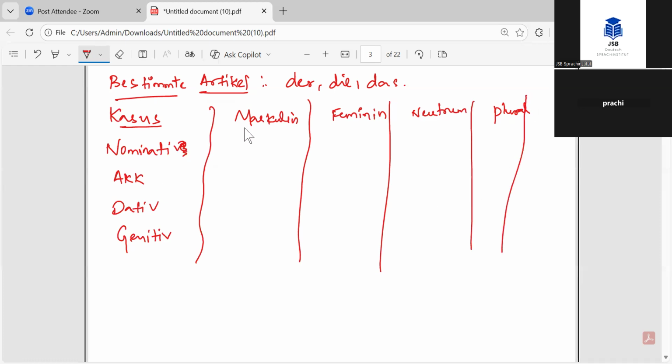For nominative masculine, der will always come, feminine die will come, neutrum das will come, and plural die will come. For nominative, it never changes. Whatever you learn from the article, that one comes directly for nominative. Clear?